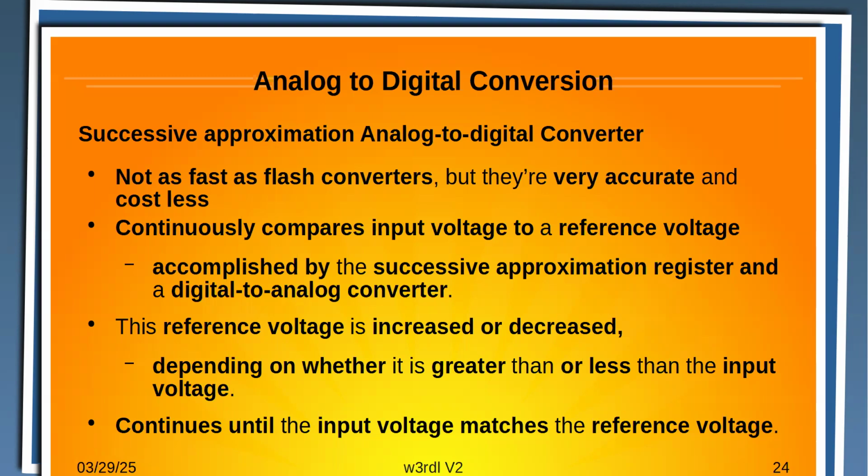So you add a 1 or a 0 to the accumulator, and that's driving a digital to analog converter. So every time you step through one, you're changing the reference voltage that you're comparing against. And once you get through all the steps, then they should be essentially equal. So whatever digital pattern you wind up with that's generating that reference voltage that's the same as the input voltage is going to be your digital output.